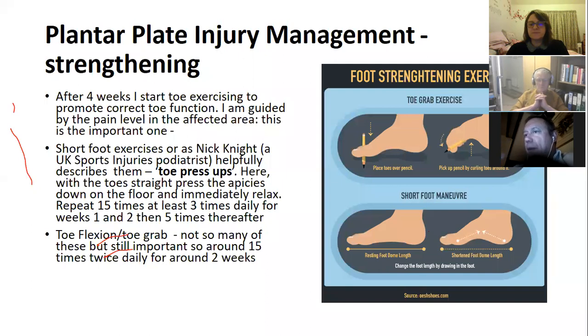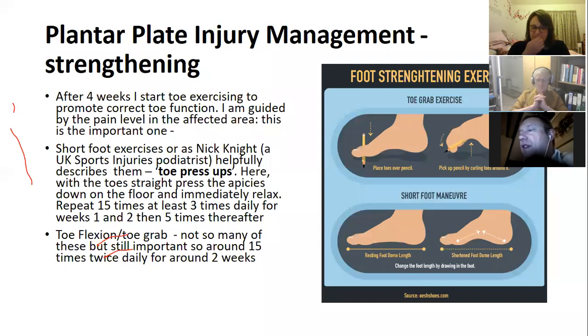You don't do the top exercise, you don't curl the toe towards you. You keep your toe flat on the ground and you press the pad to the ground. So you're almost lifting the metatarsal up. You're raising the metatarsal. You see my hand, you're doing that with your foot. And that is the movement that you want to restore.